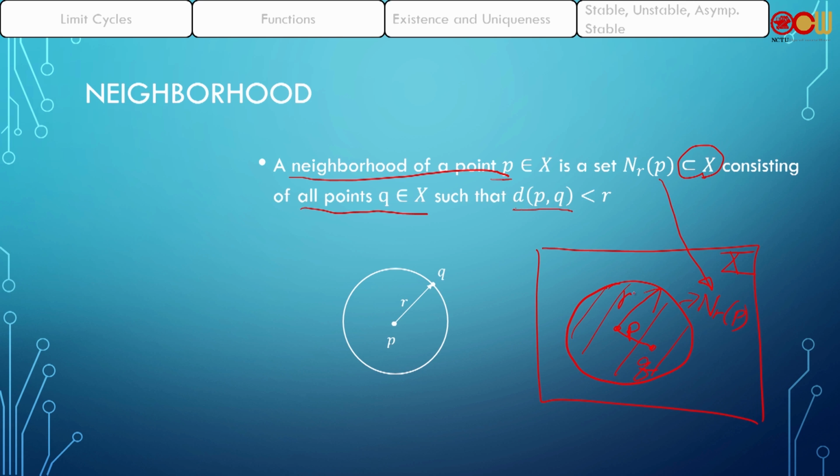Every point in this disk is a neighbor of P. You can consider a neighborhood as a set of points close to some P, and here close means within the distance of R, all points in this disk centered at P.